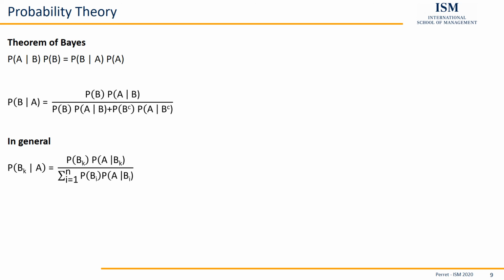You could even go so far and say, what if I have this in more than 2 cases? Then we get the general version. Here I'm again just switching this around. Before, I had A under the condition B_k, for example, being happy under the condition of taking this or that way to work.